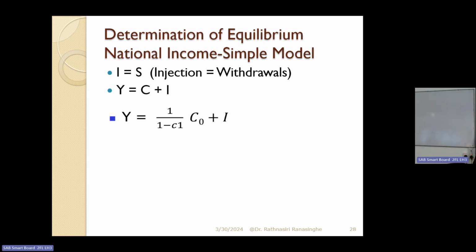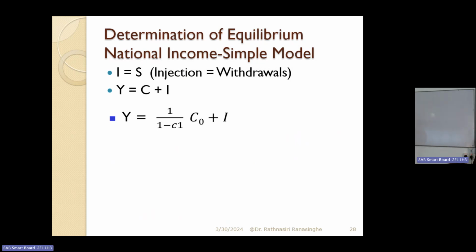So how do we derive now C plus I? Our consumption function is a plus by. We can write it now as C naught plus C1 Y. You can use different notations, but earlier we used a plus by.